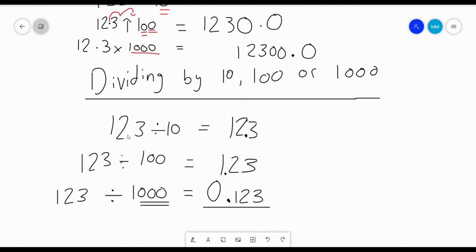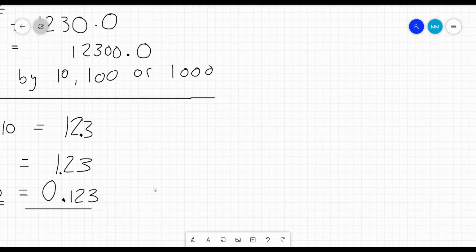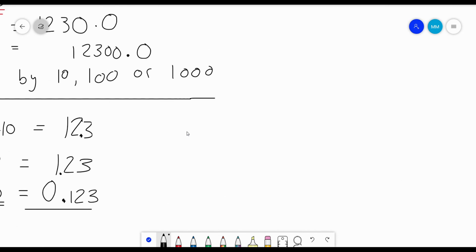If a decimal point has already been put for you, then don't reimagine a new one. You just move the existing decimal point. So if the question was, I don't know, 14.5 divided by 10, then all you do is you do 14.5 and you just move the existing decimal point.